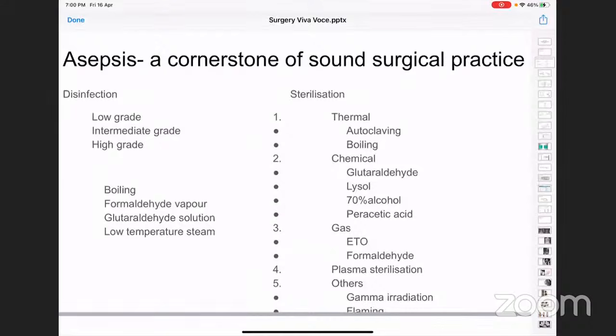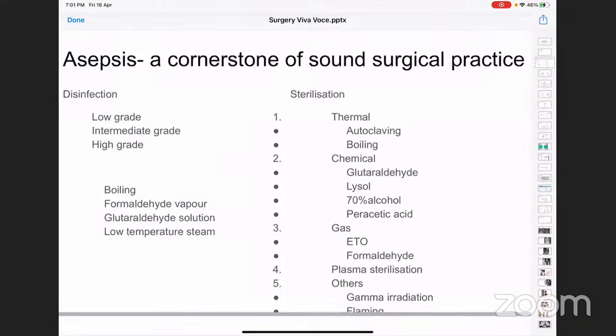Most of our OT instruments, the instruments that we use in the operating room, are sterilized because asepsis is of paramount importance. For most metallic instruments, the mode of sterilization is autoclaving. So what is autoclaving? Autoclaving is a form of sterilization which uses heat and pressure to achieve sterilization. In standard autoclaving, we achieve temperatures as high as 121 degrees Celsius.